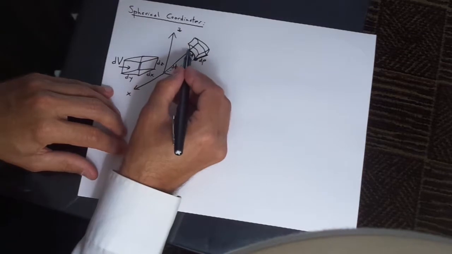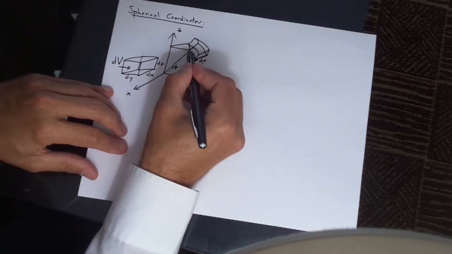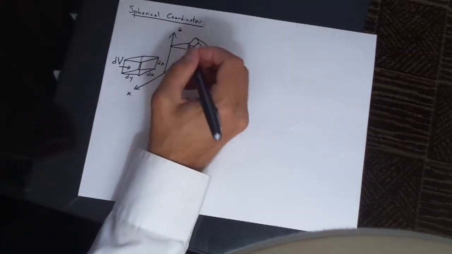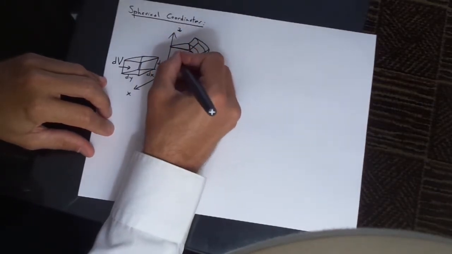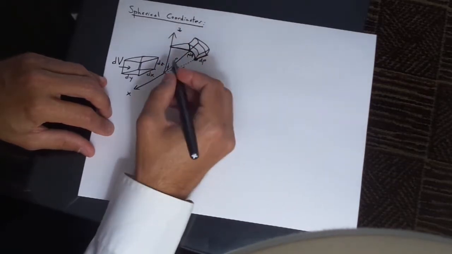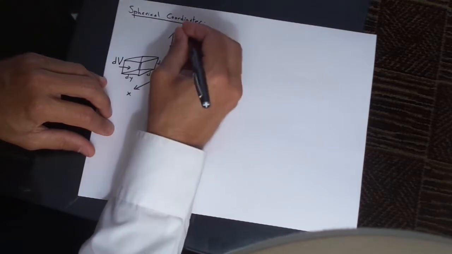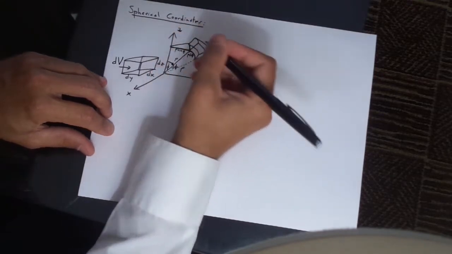Okay? Finally, how long is this side of this cube? Well, we're going to need to know the length of this little section here. If this is rho, radially coming out from the origin, and this is phi, the angle, remember that in spherical coordinates the angle is measured down from the vertical z-axis, this becomes rho sine phi.